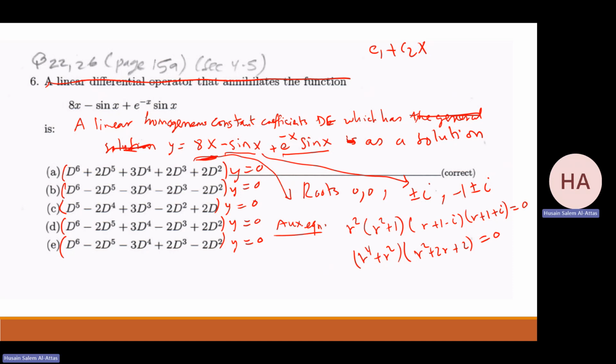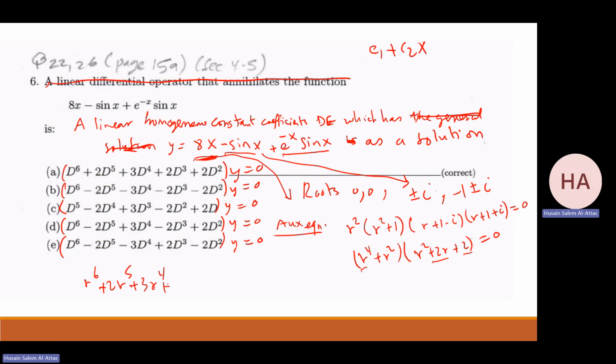Now I can do the calculation. I have what? r to the power 6. Then what? Which one will bring to the power 5? This times this. So plus 2r to the power 5. To the power 4, I have this, I have this, I have plus 3r to the power 4. To the power cubed, I have r squared times 2r. That's the only things.